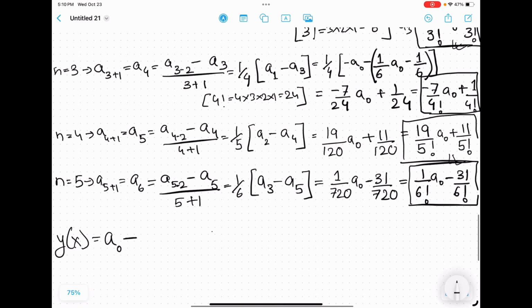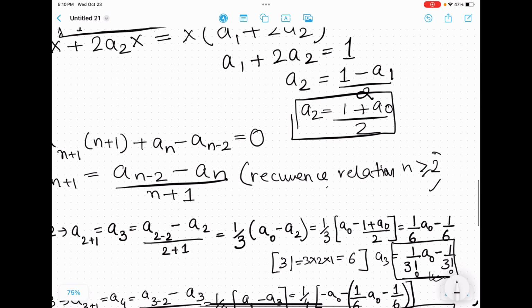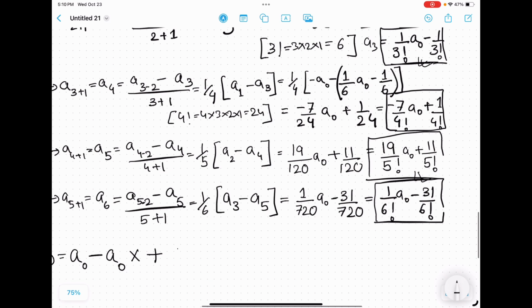So let me write a sub 0 plus x. And then I have my a sub 2, which, if I simplify that, is half a sub 0 plus half. And I know 2 is the same thing as 2 factorial, so I could include that as well.